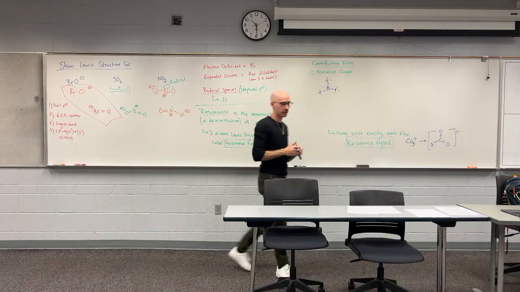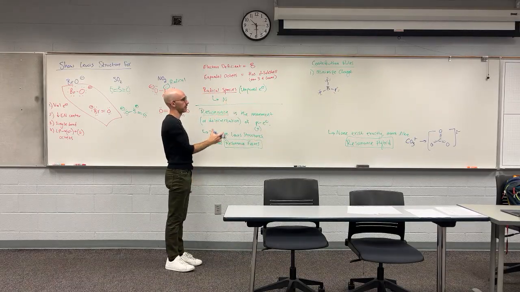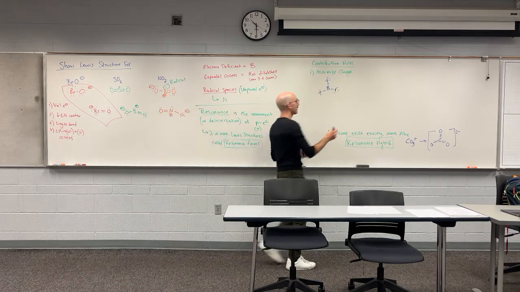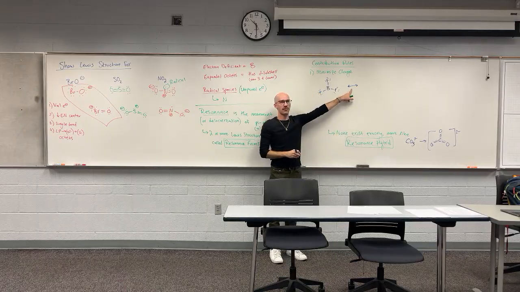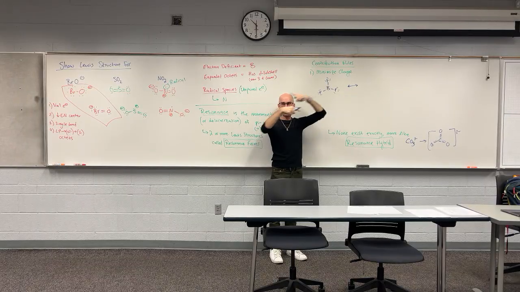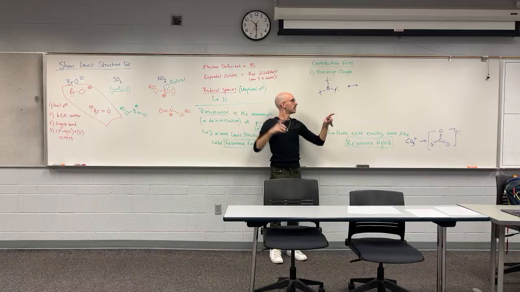You guys had this on your sheet from yesterday. This was on the back side, far left on the middle. There are two valid resonance forms, and we actually relate resonance forms by this double-headed arrow. This is one arrow, not two. It's one arrow with heads on either side.